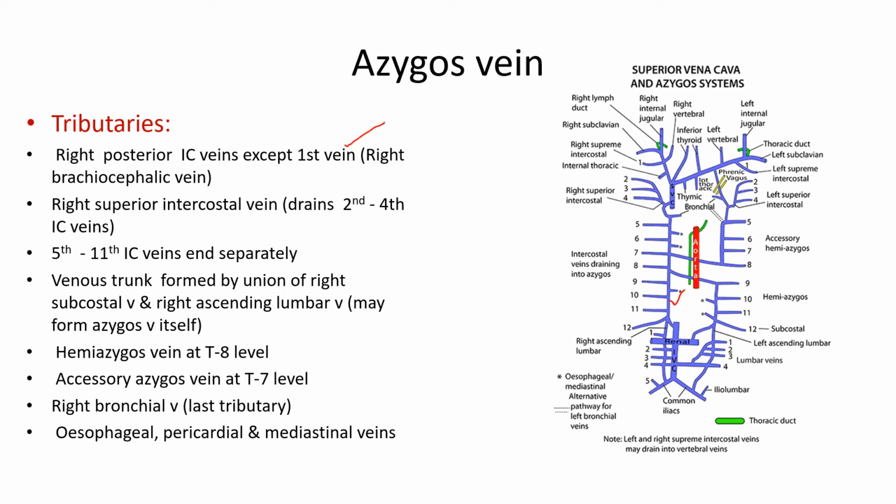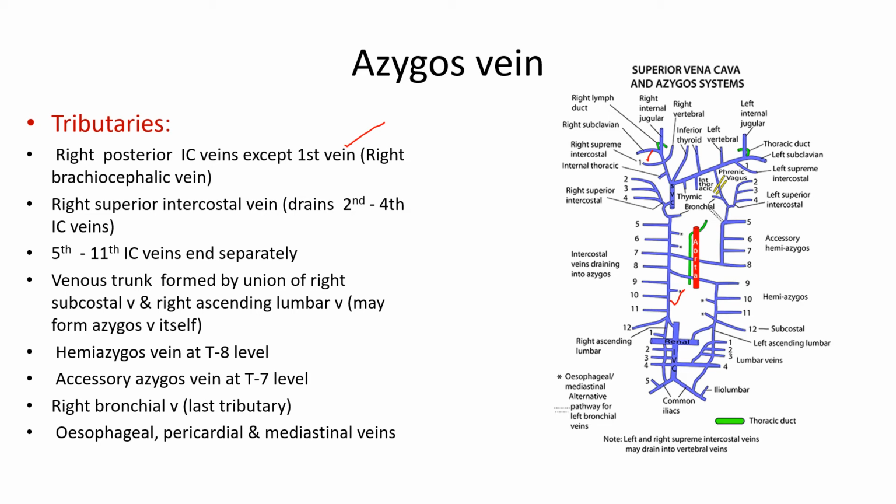So except the first vein, which will be entering into the right brachiocephalic vein, which you can see in this picture. And you can see the other posterior intercostal veins that are joining the azygos vein.